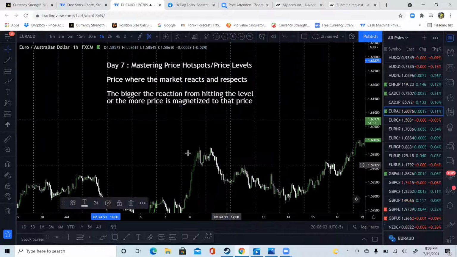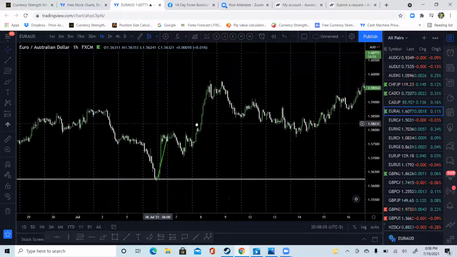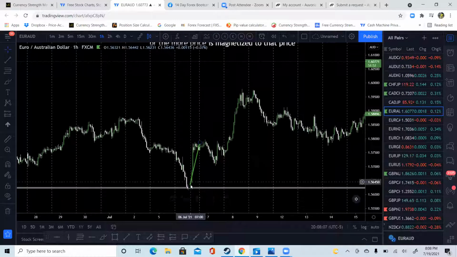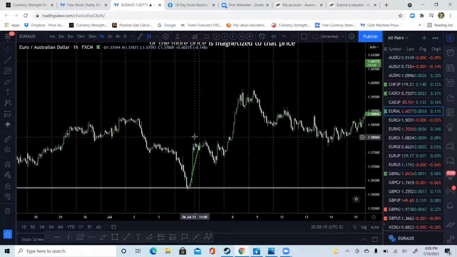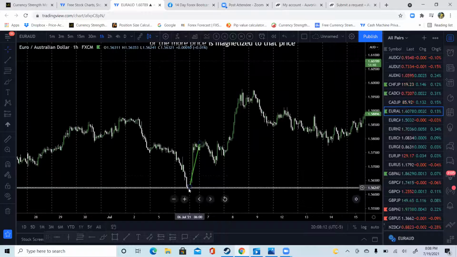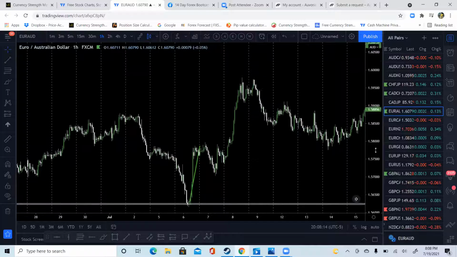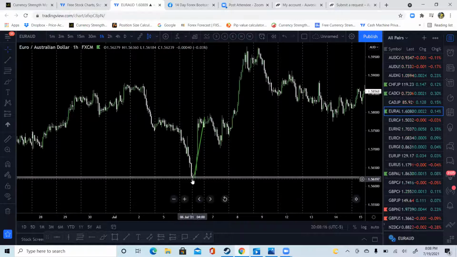So for example, let's look at this one where the price reacts from a lot, right? This move, this little area here. That's a big hotspot for price reaction.